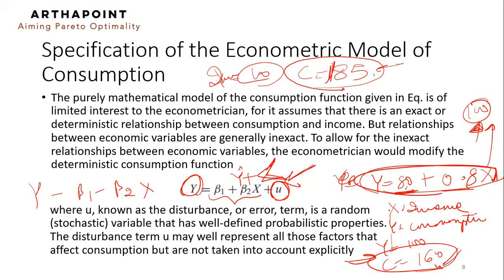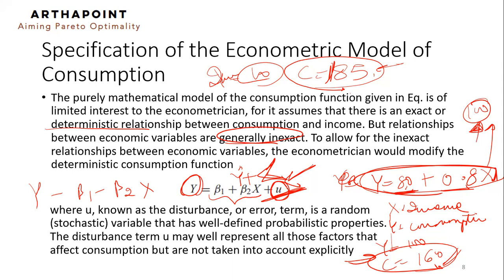So, the earlier equation that we built is of less interest to an econometrician, as it's an exact or a deterministic relationship. Relationships between economic variables are inexact. To have that inexact relationship, we allow the error term, something that will stay with you throughout the course of econometrics.